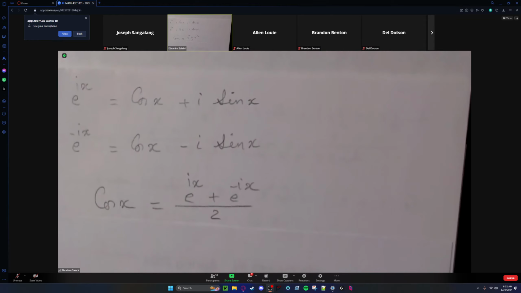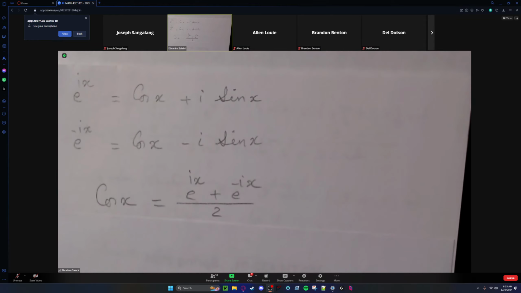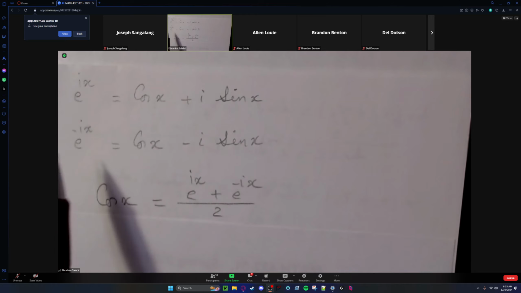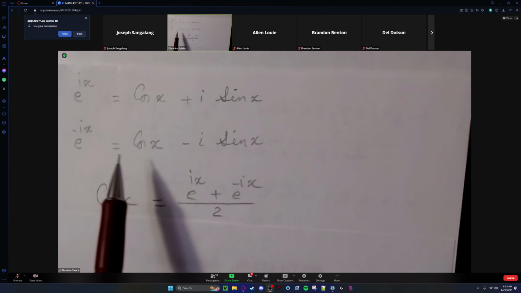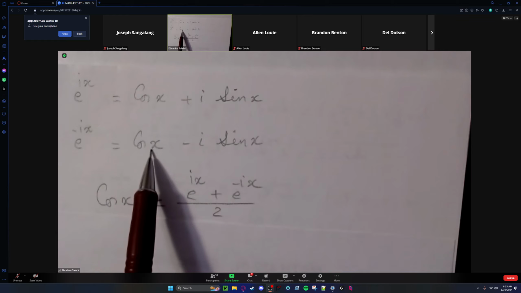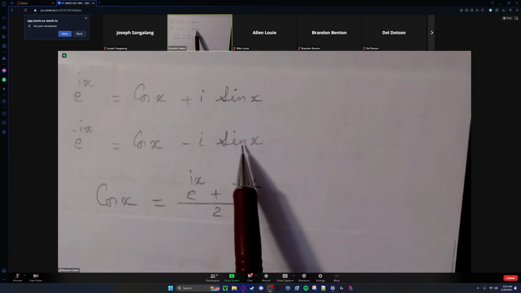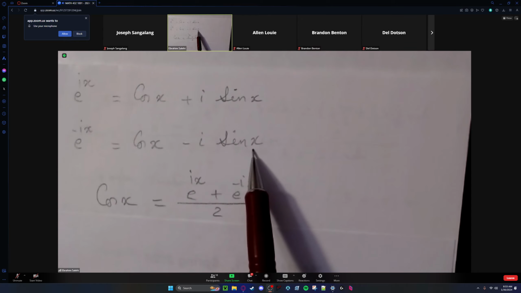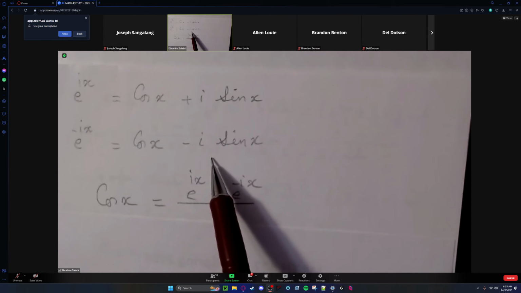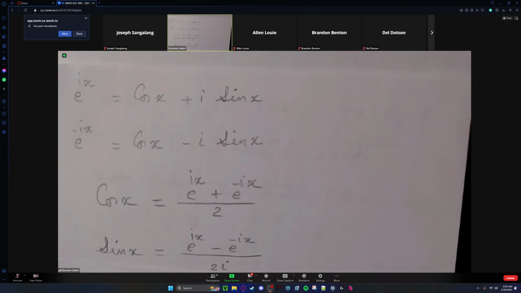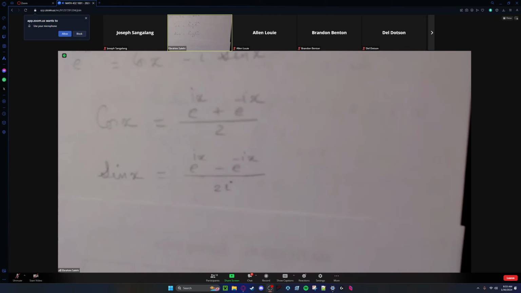All right, so this is what inspired us. You're looking just at Euler's identity. If you replace x by negative x, cosine of negative x is the same as cosine x. Sine of negative x is negative sine x. All right, so if you add them, you will get cosine x, which is right there. And if you subtract them, you will get this one.